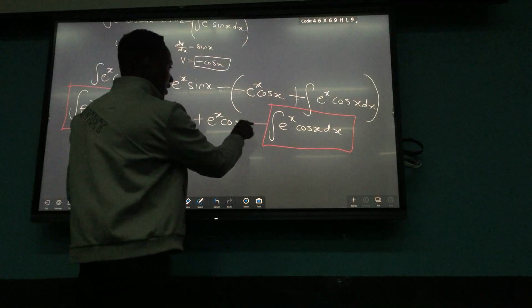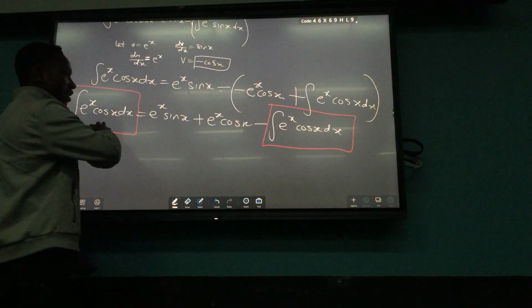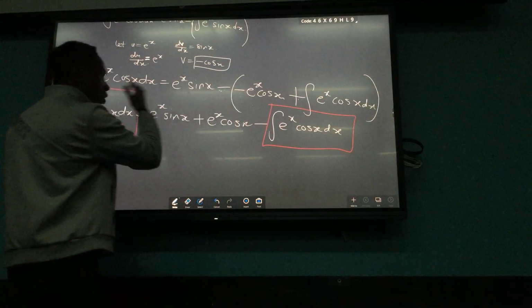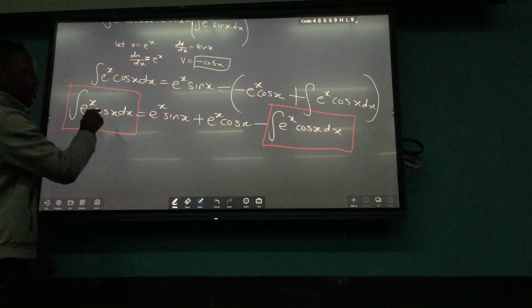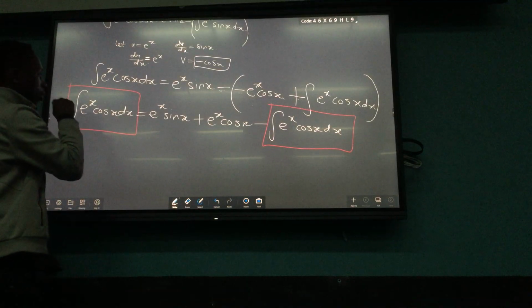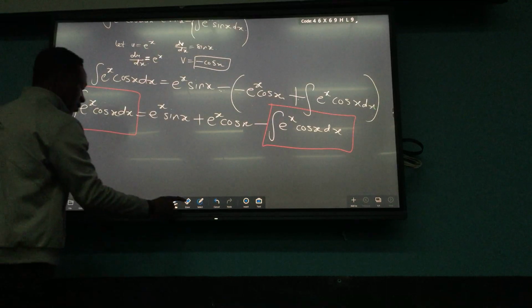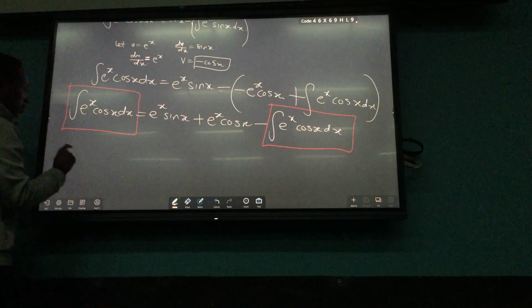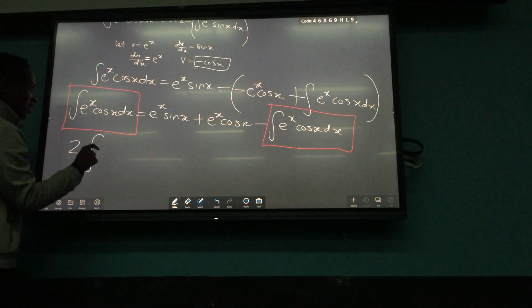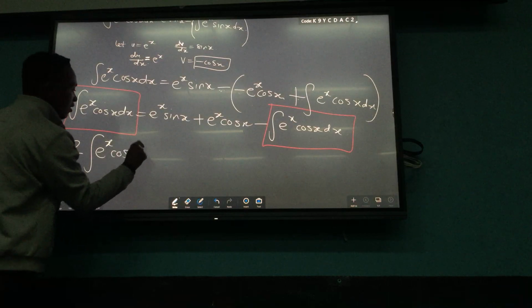So this here is a negative sign. So if you take it to the other side of the equal sign, that's going to be a cow plus a cow, because this one here becomes positive upon crossing the equal sign. So we're going to have two cows, right? So I'm going to say here we have two of these integrals, e to the x cos x dx.